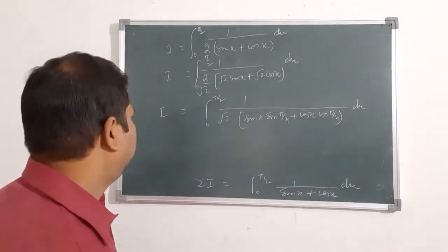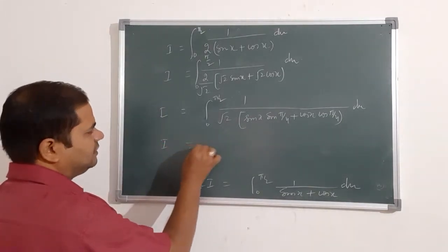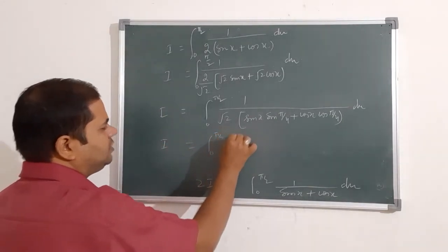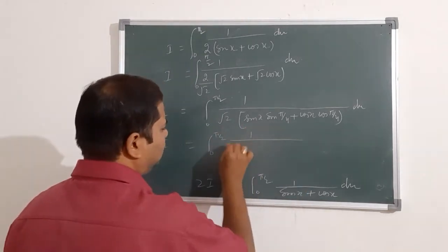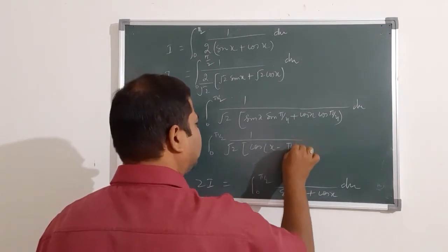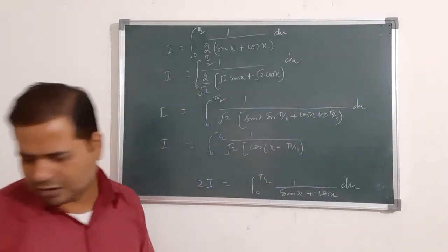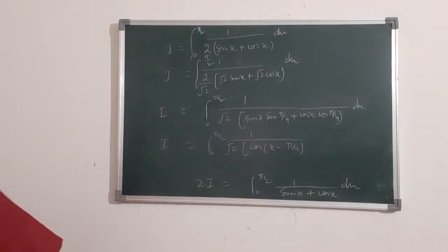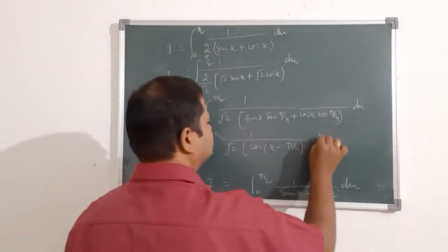Because we know the integral of sec x. So integral from 0 to pi by 2, this is 1 upon root 2 cos of x minus pi by 4 dx.